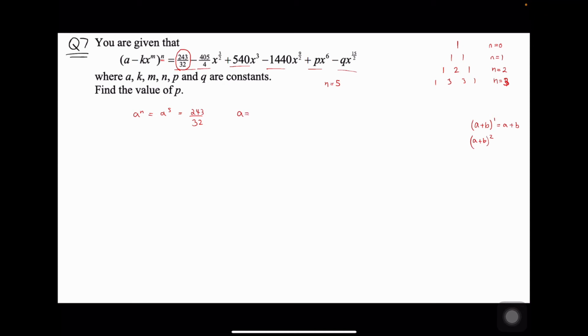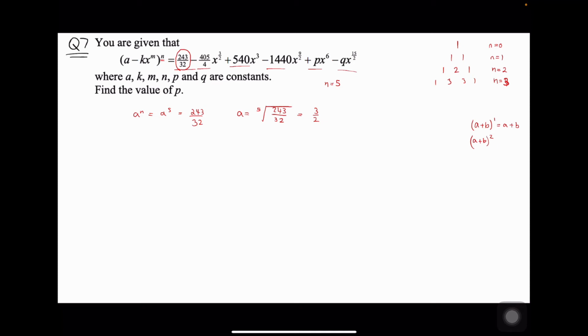So a equals the fifth root of 243 over 32, which equals, just let me type this using the calculator, 3 over 2. So a nice simple fraction. So we worked out a.